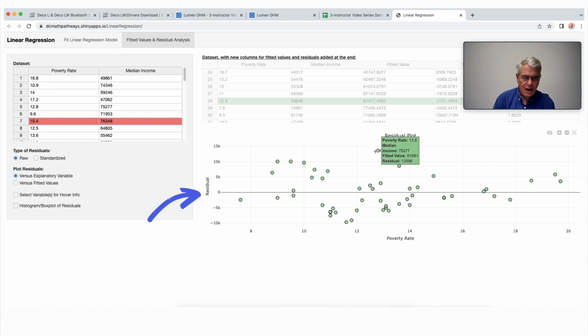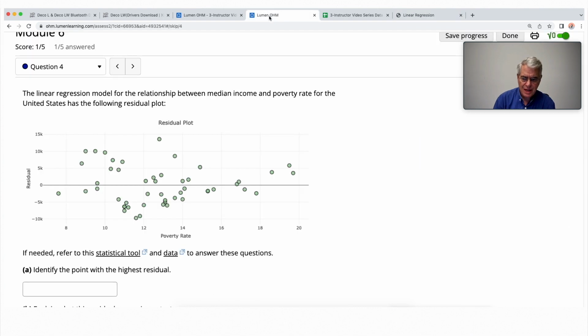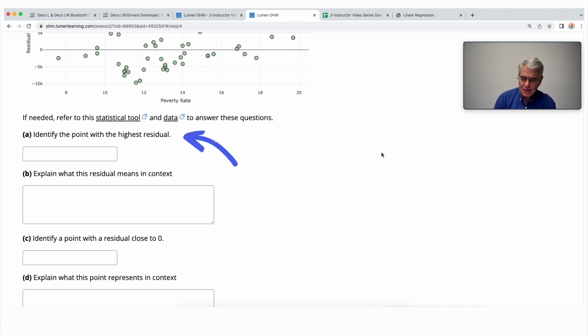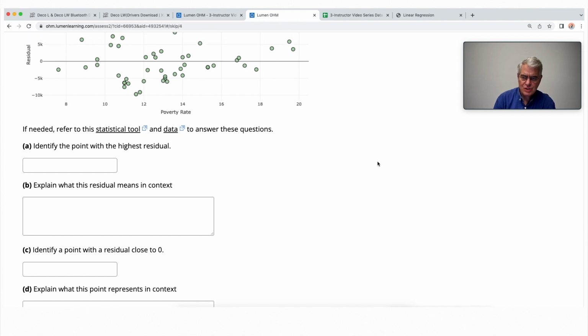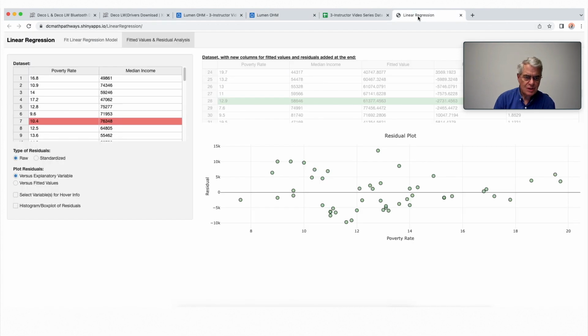So let's go back and answer our question if we can. Identify the point with the highest residual. So it was this coordinate, 12.8 x, 75,277 y. That intersection gives us that dot, 12.8, 75,277.